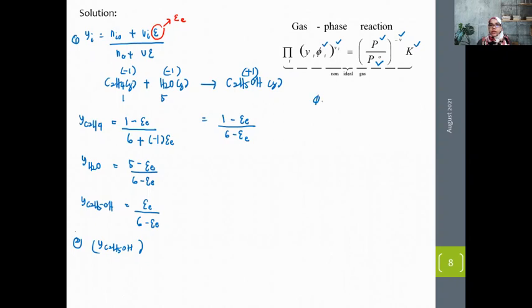The fugacity coefficient of ethanol is 0.927. The fugacity coefficient of ethylene is 0.977. The fugacity coefficient of water is 0.887.